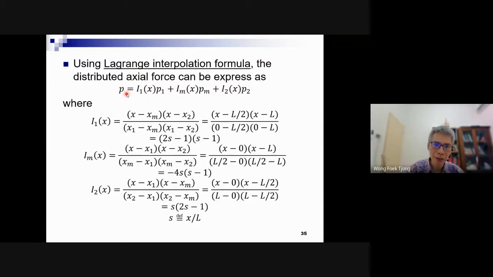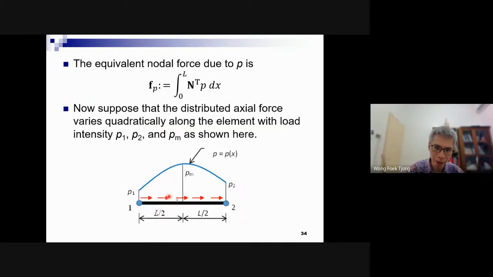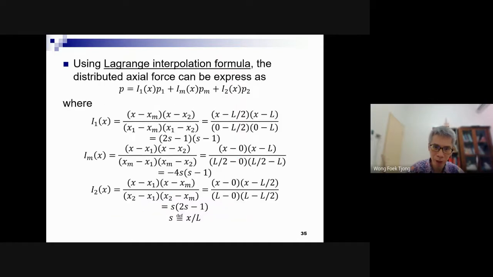The Lagrange interpolation formula is like this. For the first interpolation function, we use the formula X minus XM, divided by the coordinate of node 1 minus XM. Let me draw: we have X1 here, this is XM, this is X2.